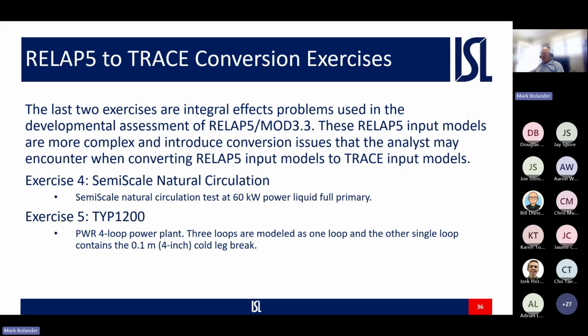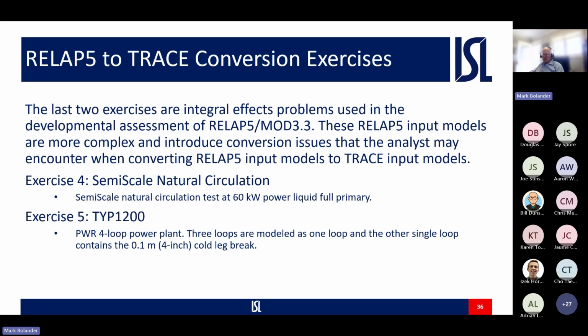These last two exercises are integral effects problems used in the developmental assessment. They are more complex and introduce conversion issues that you may encounter when you're converting your own RELAP5 models to TRACE input.